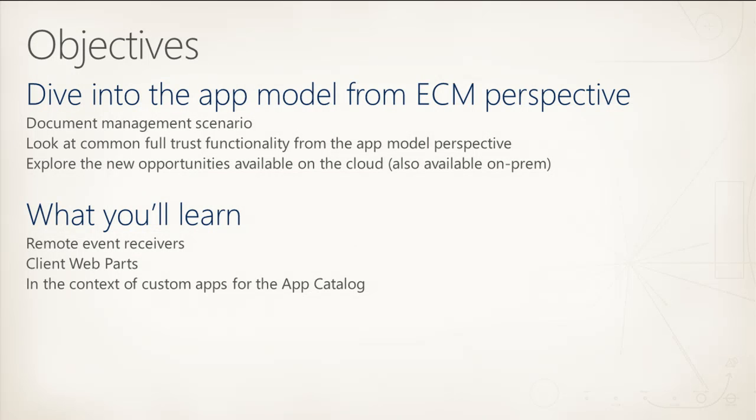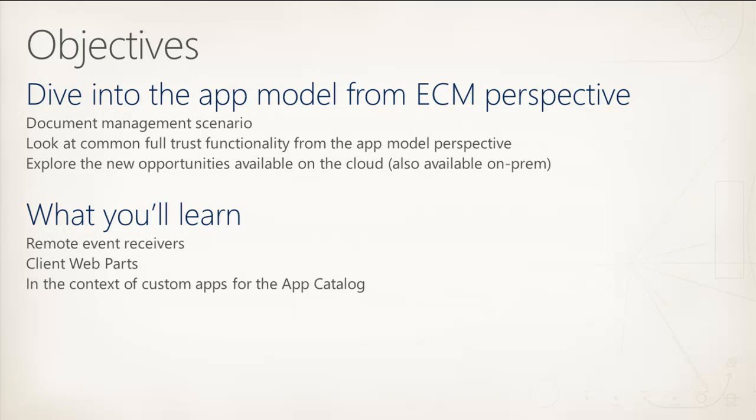But none of the talks are covering the case where I have a very specific scenario and a very specific need, maybe involving content that already exists on my side, and I want the app model to actually connect to that and enhance the existing solution that I have.